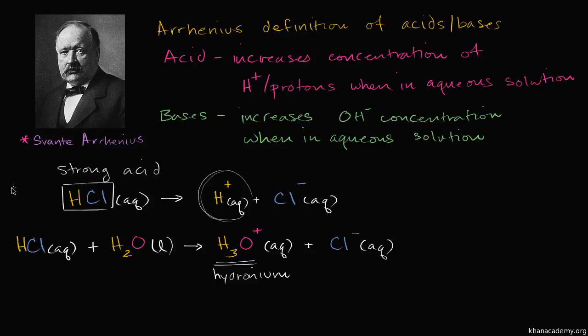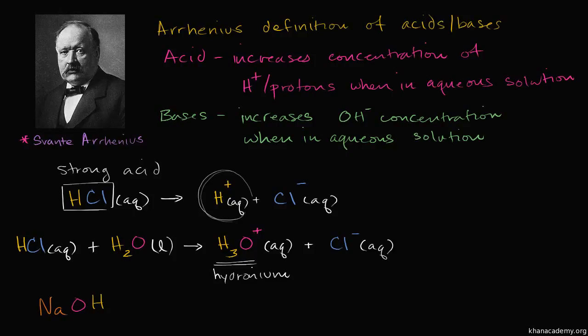Now, what would be a strong base by the Arrhenius definition of acids and bases? Well, one would be sodium hydroxide. So let me write that down. Sodium, Na, that's the sodium, and then I have the hydroxide, that's an oxygen bonded to a hydrogen.